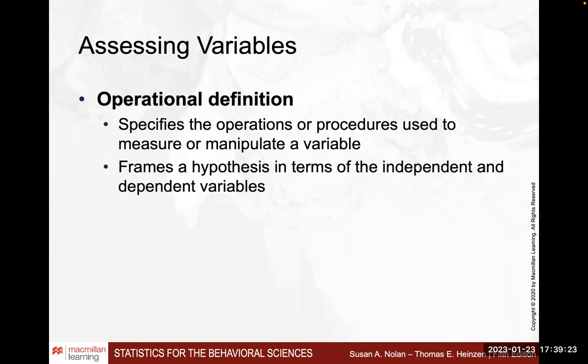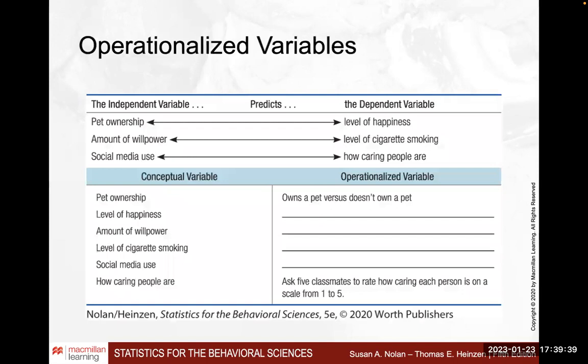So you create a framework in the context of your hypothesis in which you define a dependent variable and an independent variable. This framework is very central, and it is important for you to follow along. This is an example of how to do that.